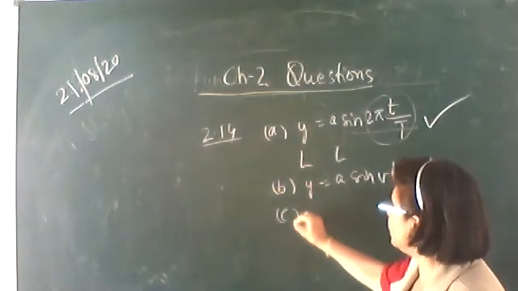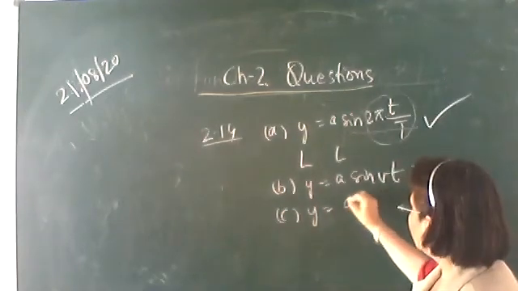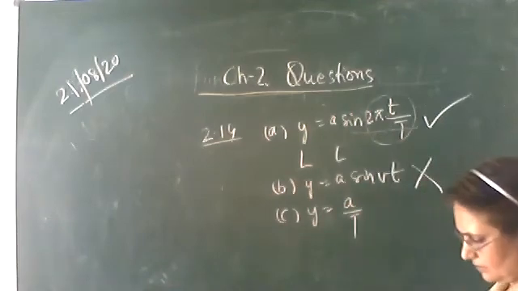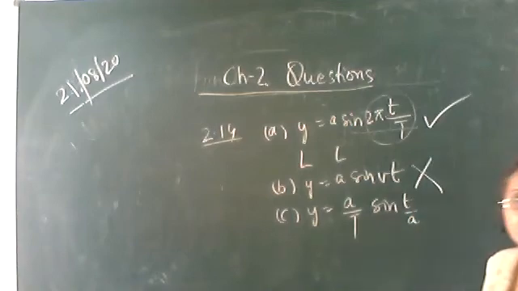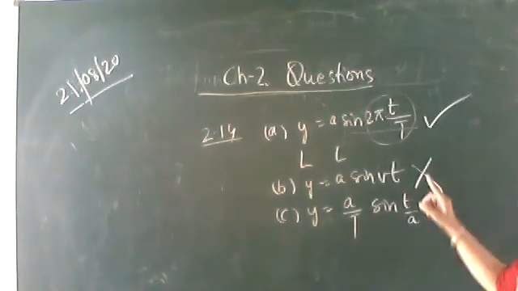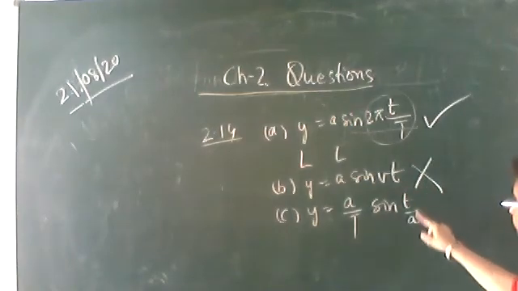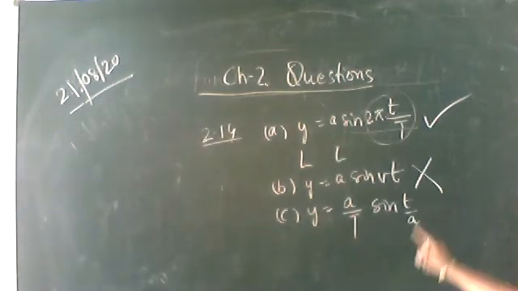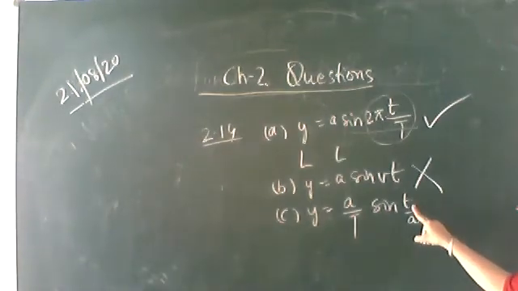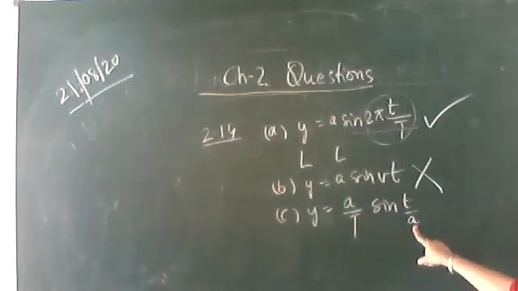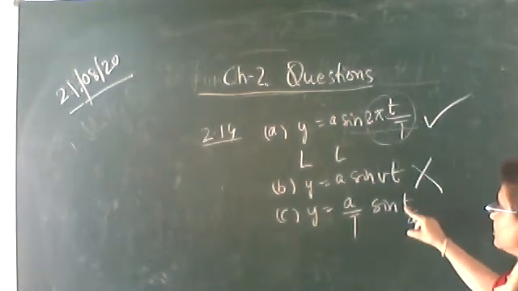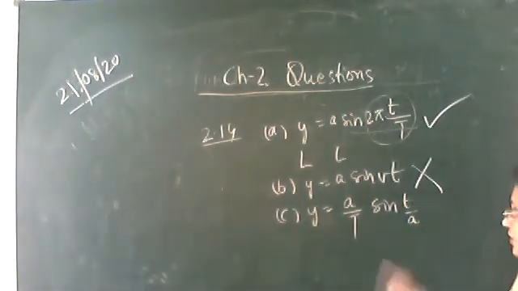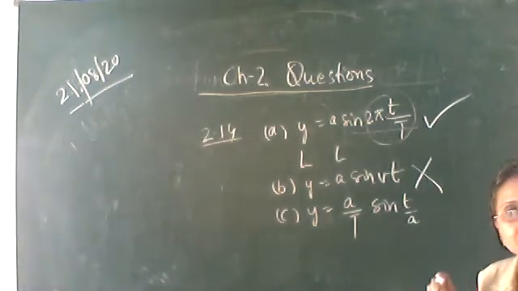The C one is y is equal to a upon time period sine t by a. First, let's check the sine theta. This is time, this is amplitude. Time has a dimension capital T. Amplitude has a dimension L, maximum displacement L. So its dimension is L raised to the power minus 1 into T. So it means sine theta is not dimensionless.